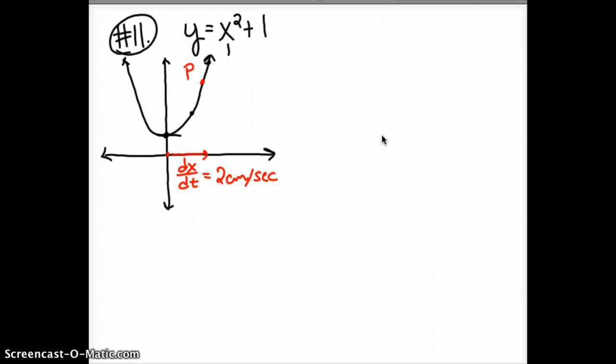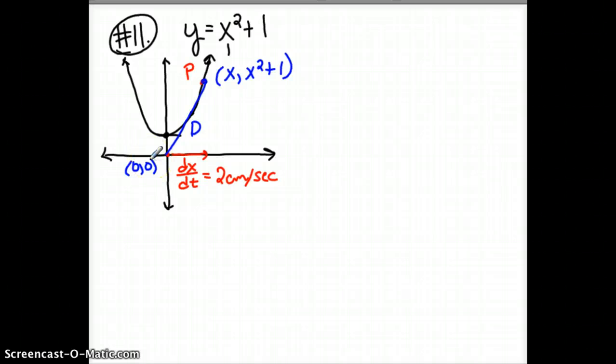So I'm going to connect this right here to the origin, and I'm going to call that D for its distance to the origin. So really what I've got here is I'm going to write P as coordinates. It'd be (x, x squared plus 1). And the origin is the point (0, 0).